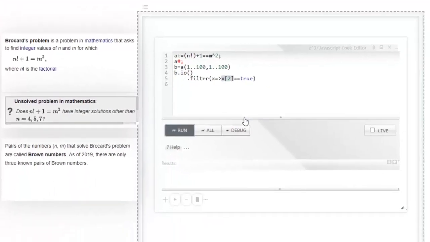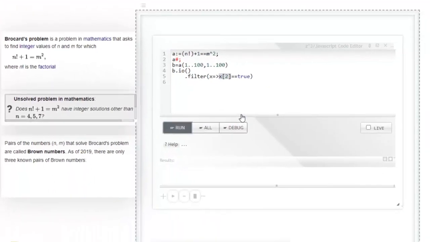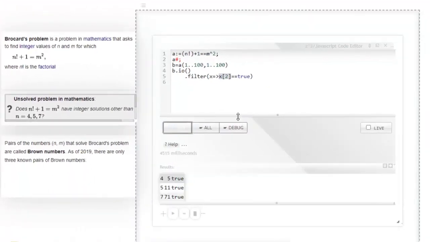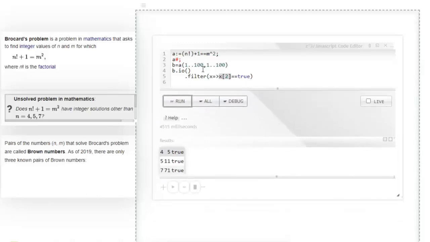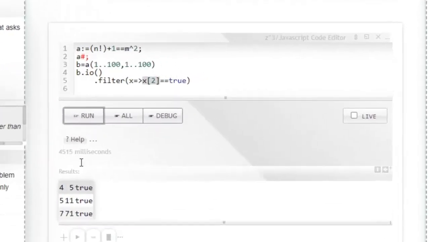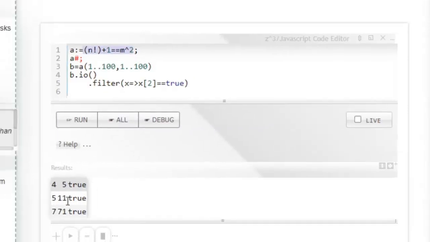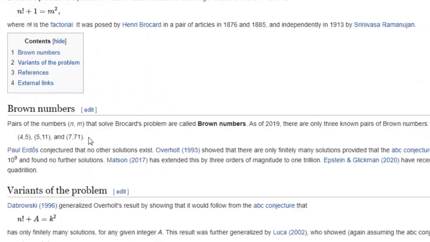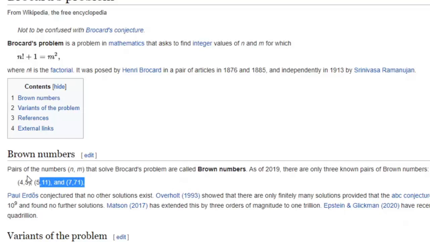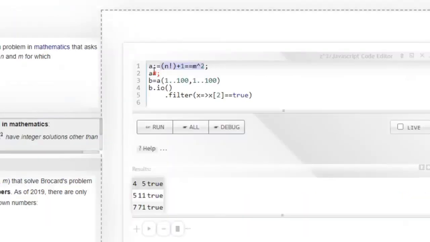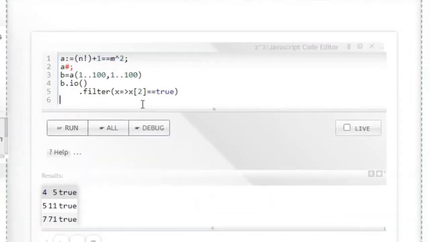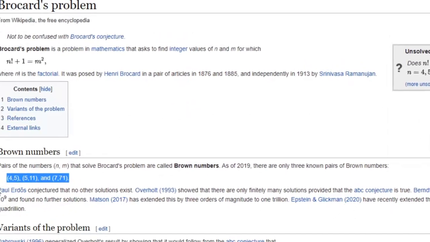So if you run this, we'll search through every combination of 1 to 100 and find out which are the combinations of n and m for which this condition is true. So you can see that the answer is 4, 5, 5, 11 and 7, 71, and that's basically what the Wikipedia page says.